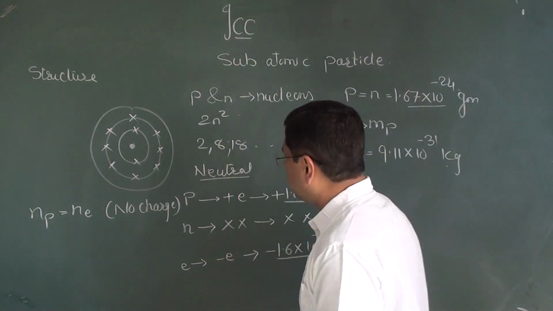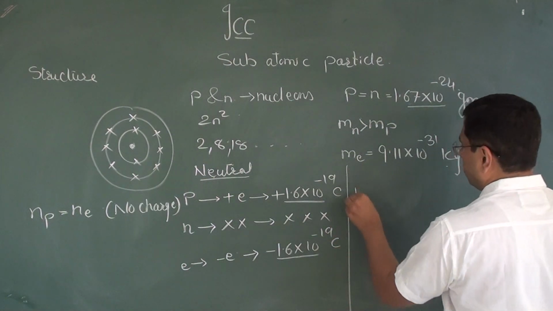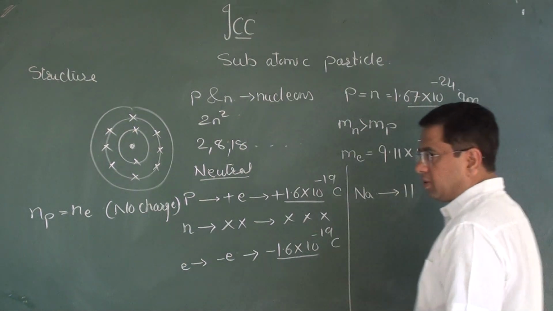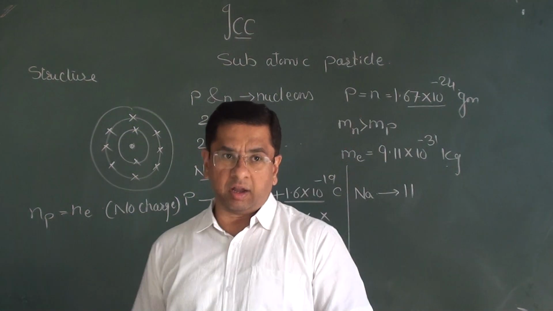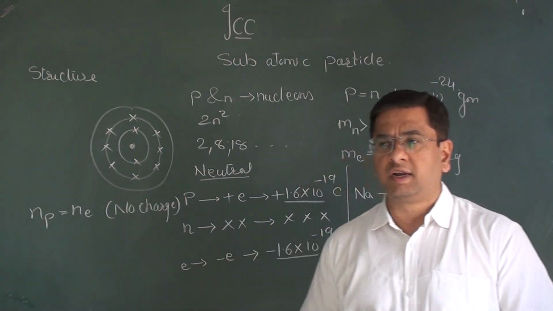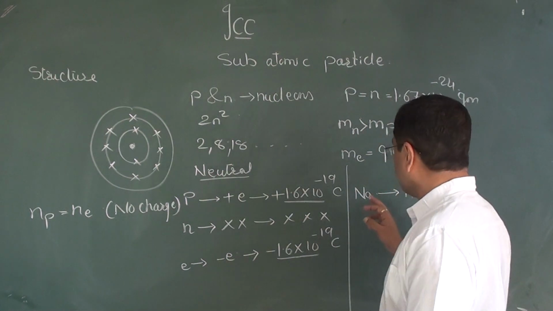For example, let us say you take an element. The element is, suppose, sodium. The atomic number of sodium is 11. We'll definitely go back to the elements, but try and learn the first 30 elements. I'll give you a trick on how to learn the first 30 elements of the periodic table.